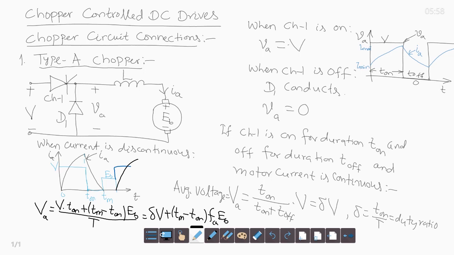So this is the expression for discontinuous current.